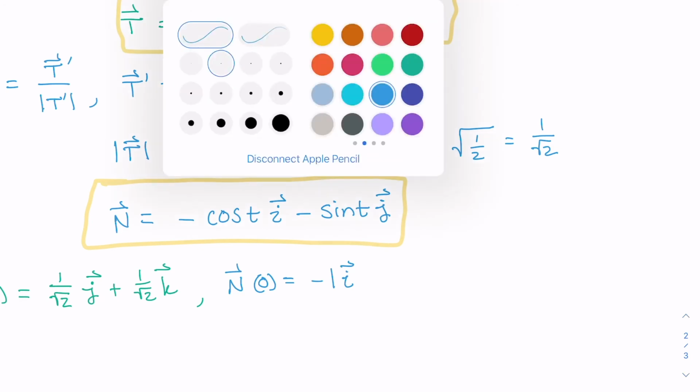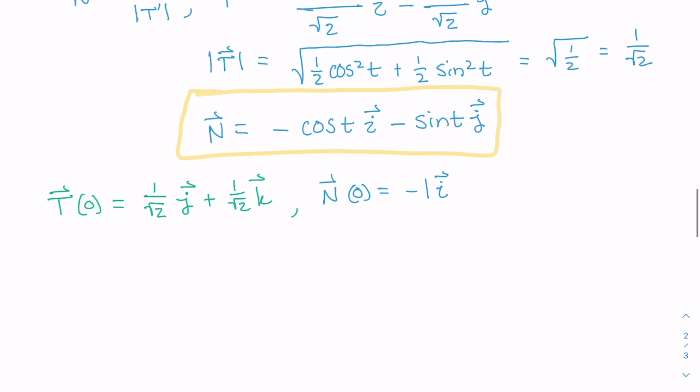So now let's find the unit binormal vector. To find b, that's going to be t cross n, and because we now have the specific vectors for this point, we're just going to cross t and n. We get our 3x3 matrix with i, j, k; 0, 1 over root 2, 1 over root 2; and negative 1, 0, 0.